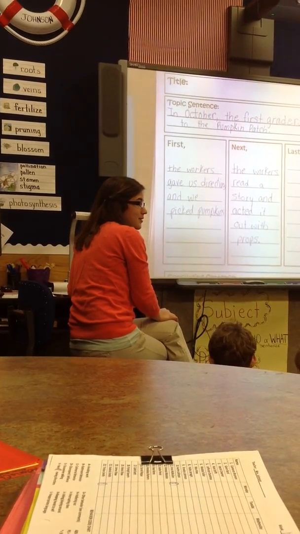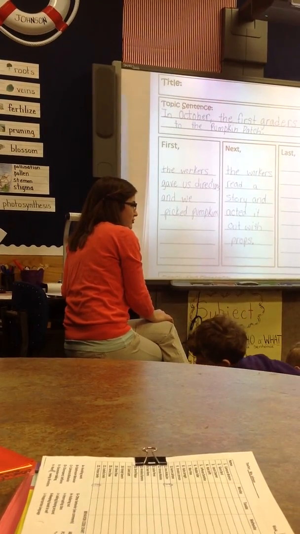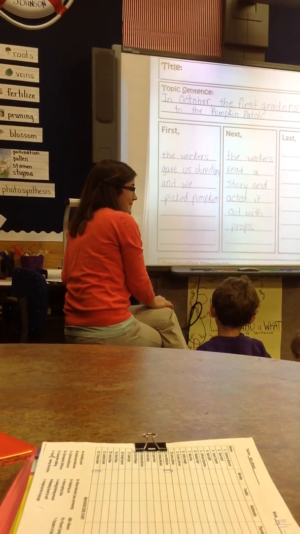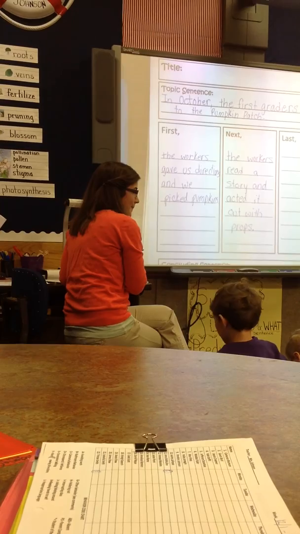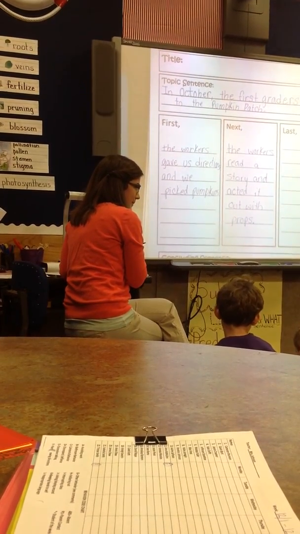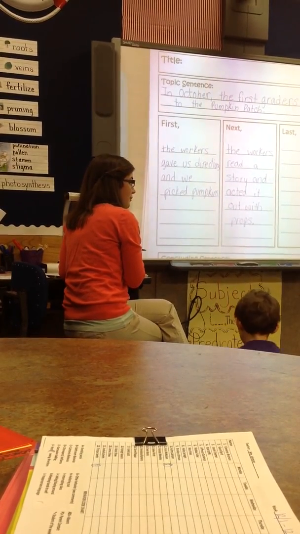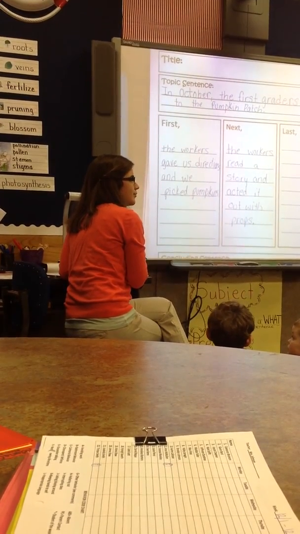Last, what happened? Anna, what happened last at the pumpkin patch? After we read the story, we came out of the pumpkin patch and we went back to school. We went inside, we read the story, and then what else happened inside before we left?